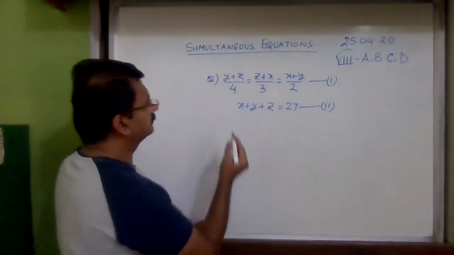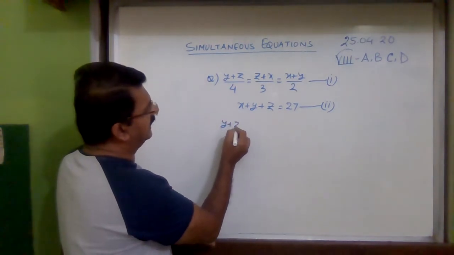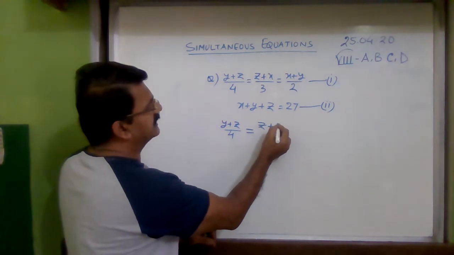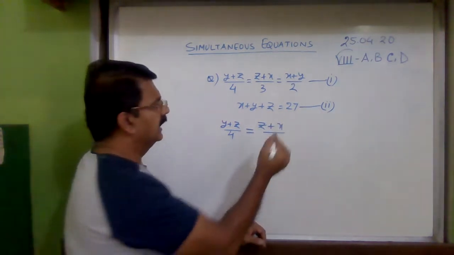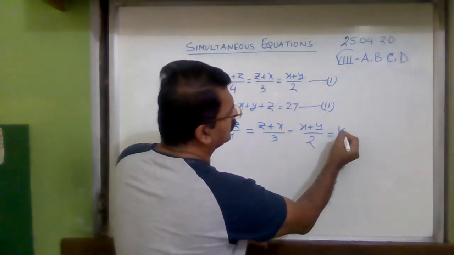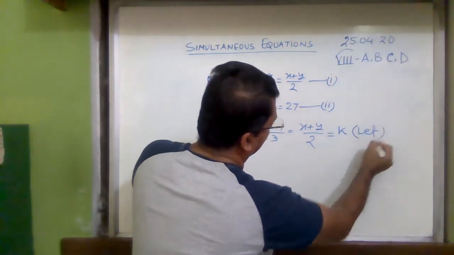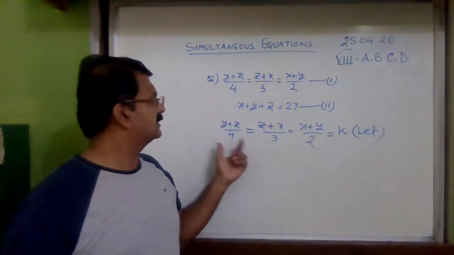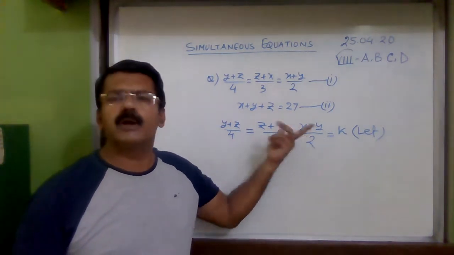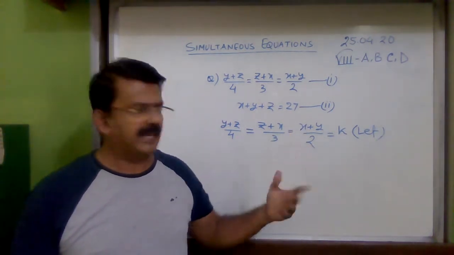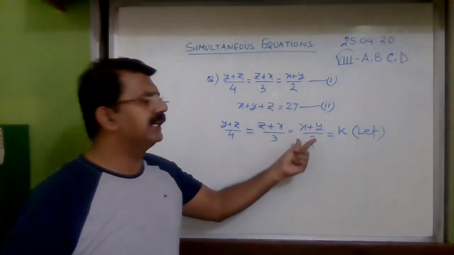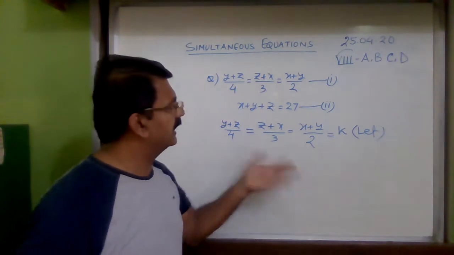First of all, y plus z upon 4 is equal to z plus x upon 3 is equal to x plus y upon 2 is equal to k. Let we have assumed that these 3 parts, they are equal to k. K can be any number. You can take p also, or t or m, anything in place of k. So I have taken k. Clear? These 3 are equal to each other. So I have assumed that they are equal to k.